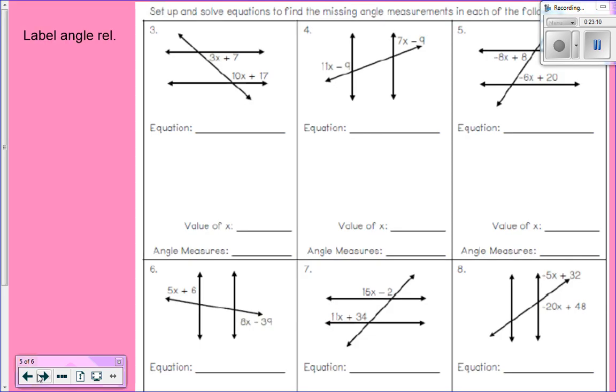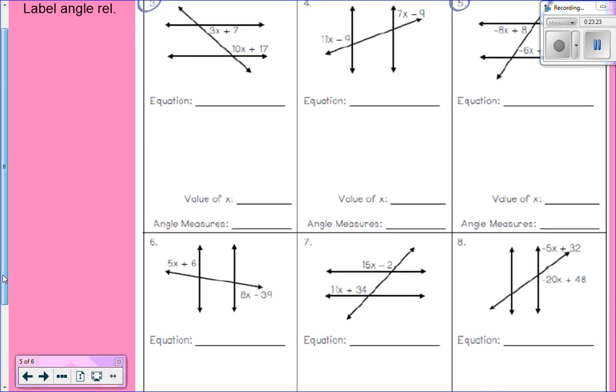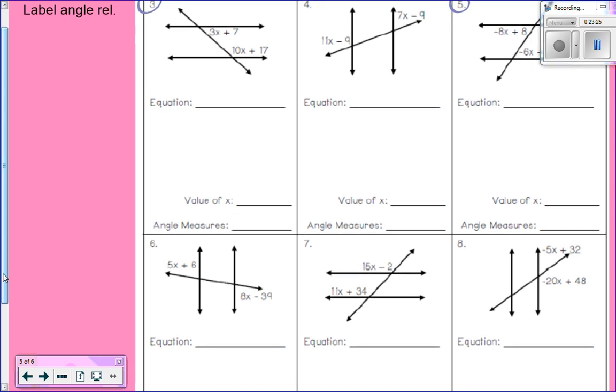With your table, I want you to try number 3, 5. I'm trying to think of ones we have done.